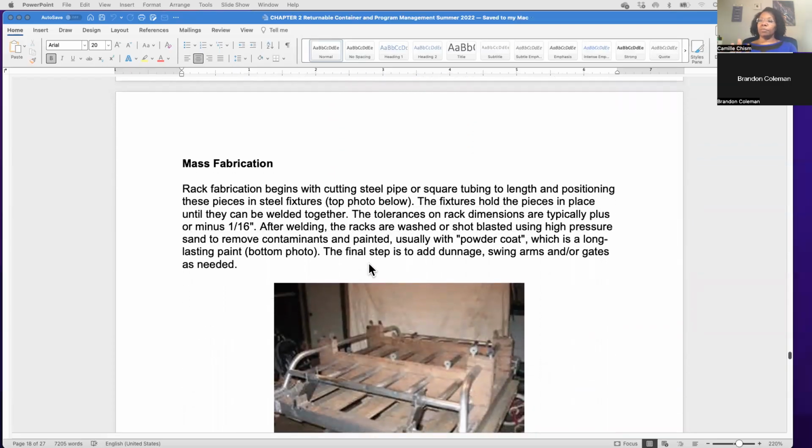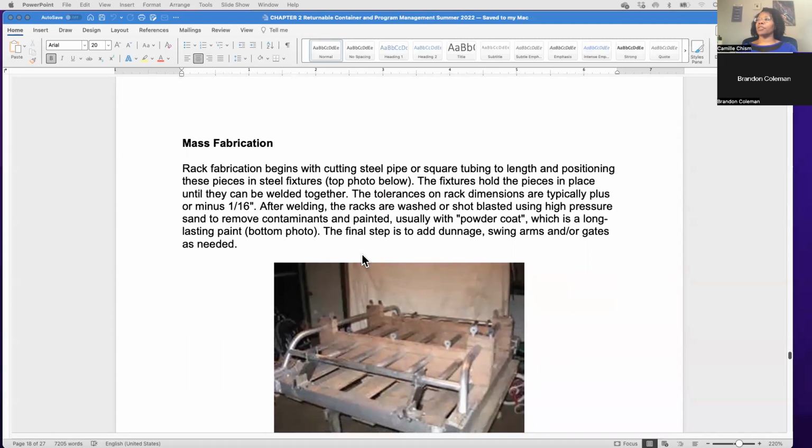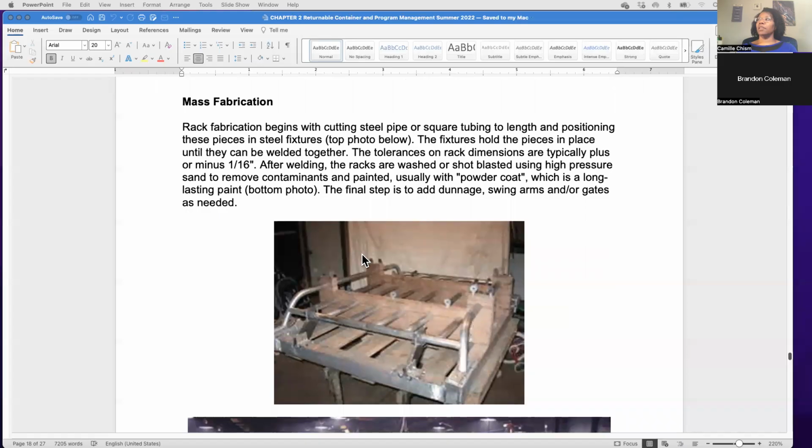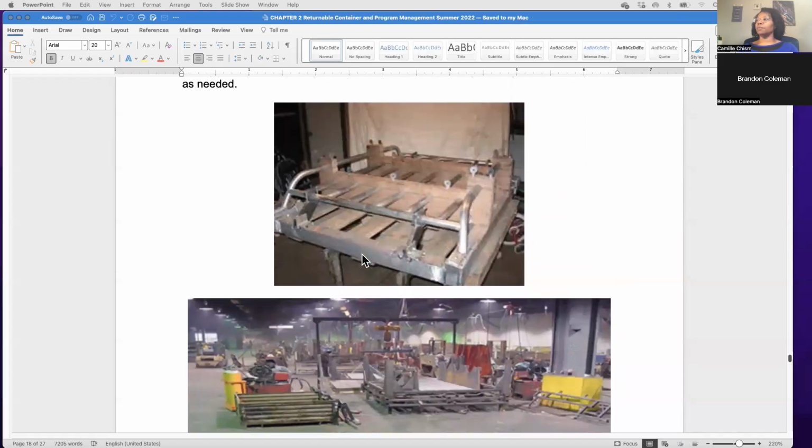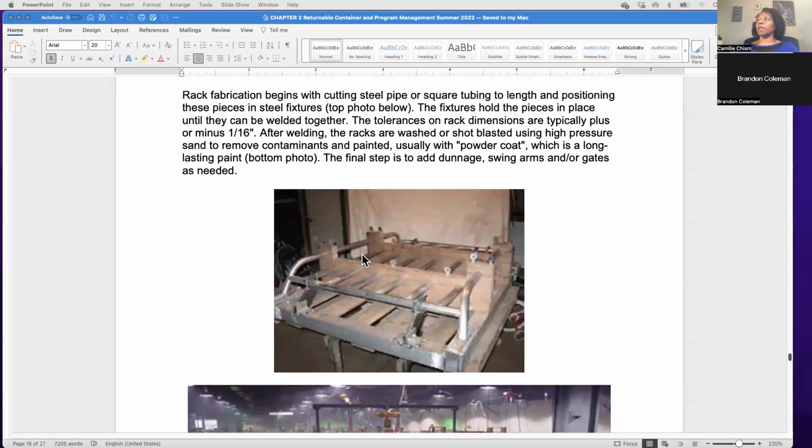Again, that prototype build is giving them a chance to see a kind of trial run, a dry run of a very small number. But then when you start looking at mass fabrication, it's a little bit different. So it's not completely automated at all. There's still a lot of welding.